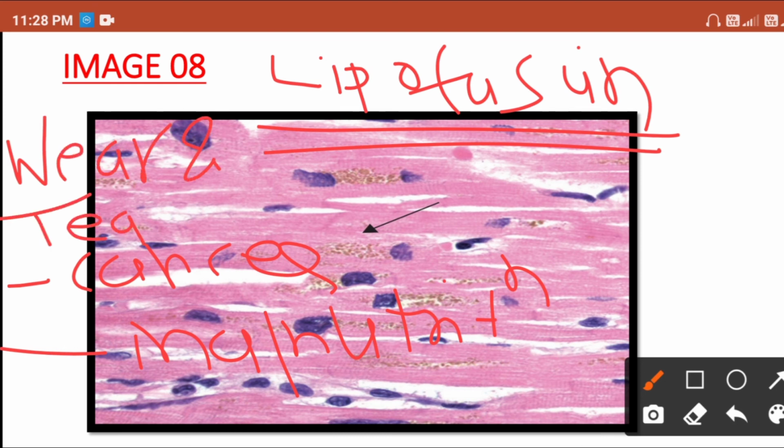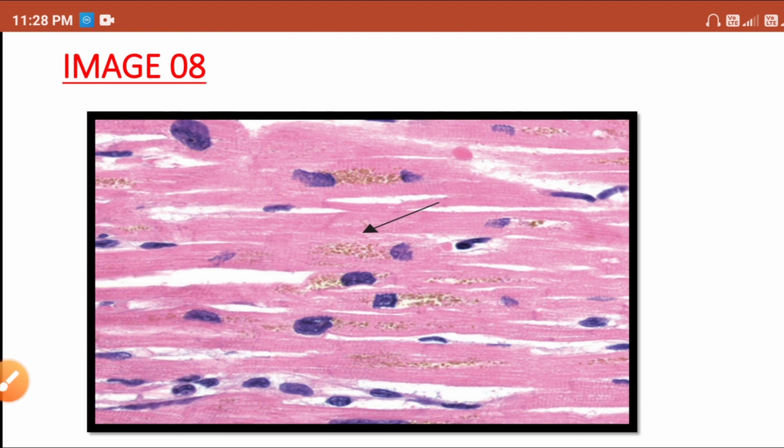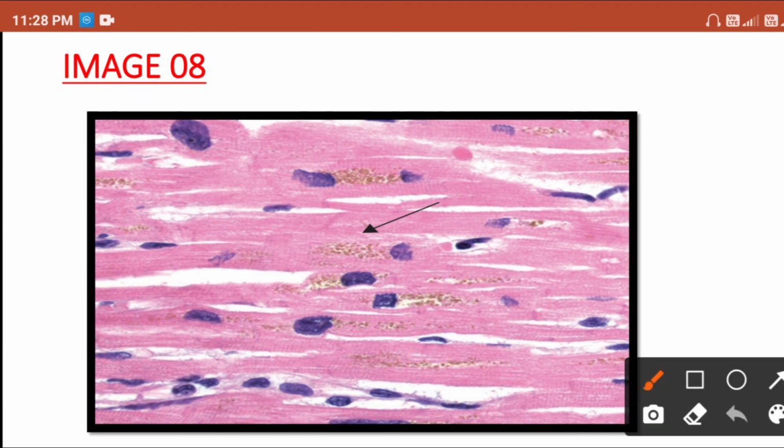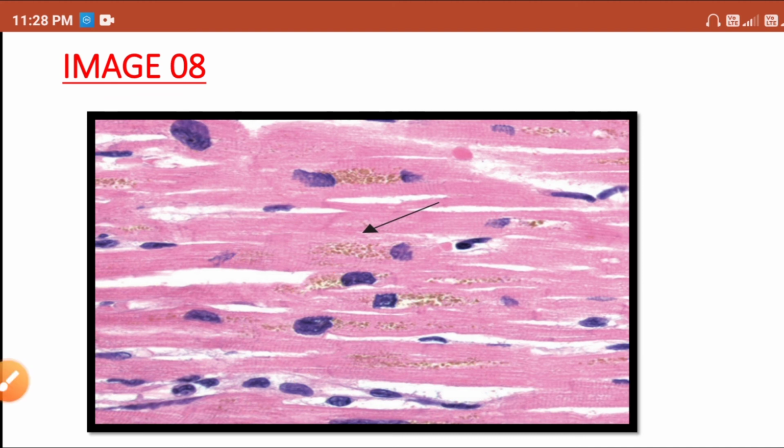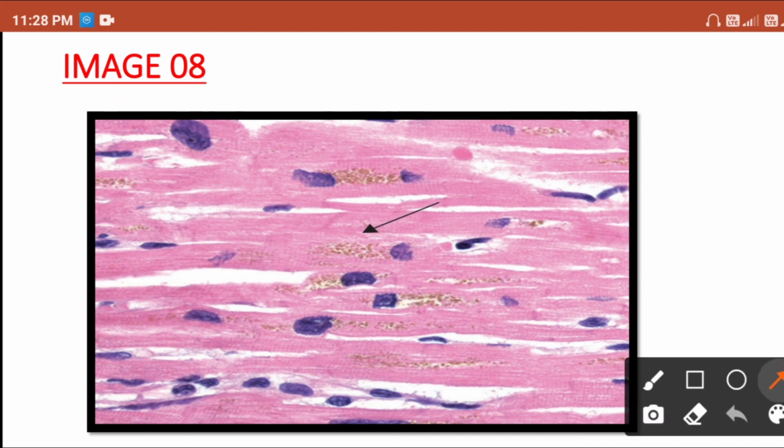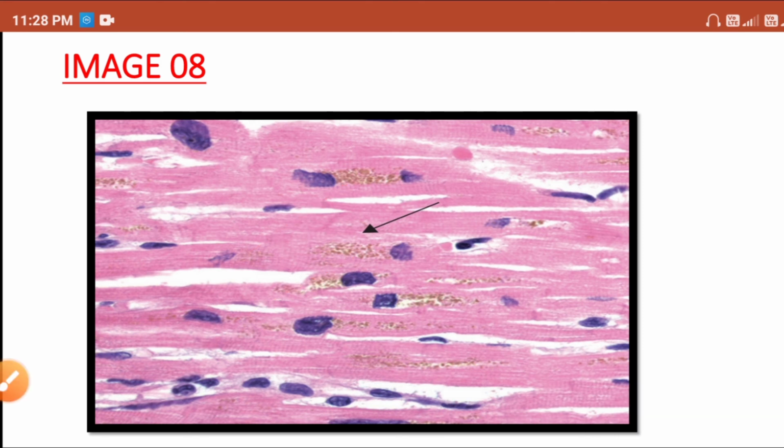So it's an example of intracellular accumulation of lipofuscin. So this is the abnormal area. You can see that the pigments are perinuclear cytoplasmic. So this is a very easy MCQ showing you a lipochrome or lipofuscin pigment in the heart.